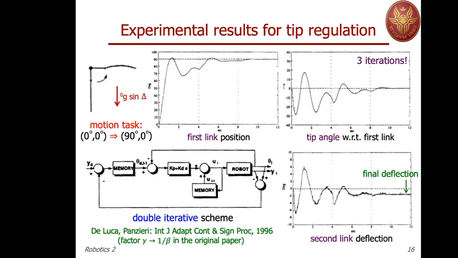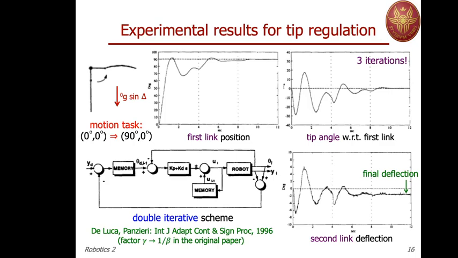And you can see in the plots that in just 3 iterations we are able to bring the system to the desired configuration. Again, the first link position has some transient. You start with a pure PD control, and then you update the feed-forward term, and then you update also the reference position for the outer loop, and you see that the tip angle also converges to its desired value.